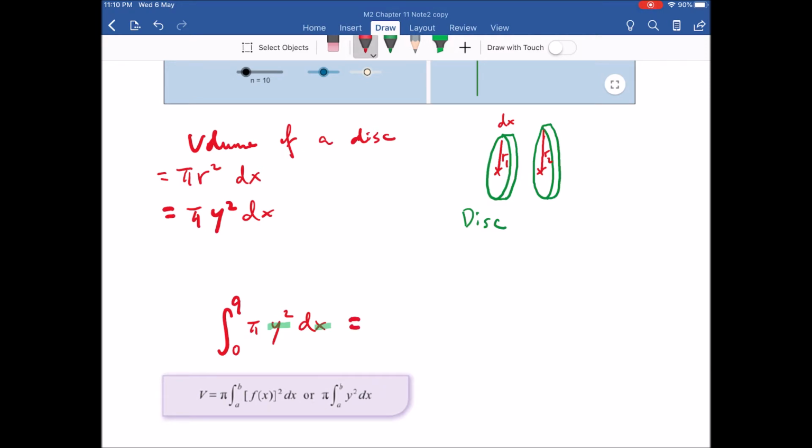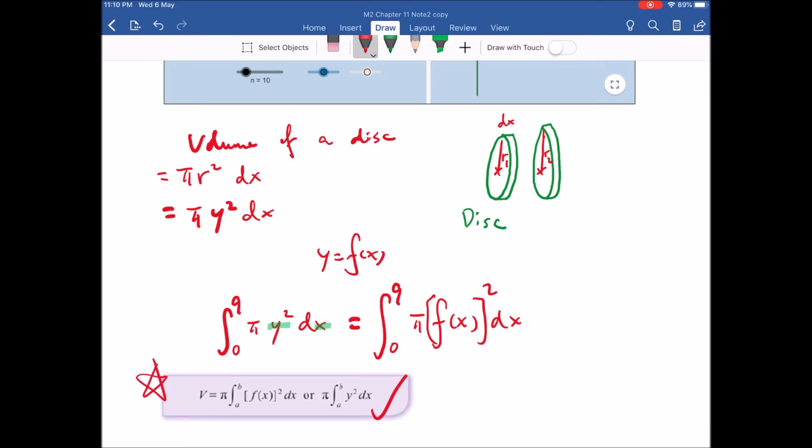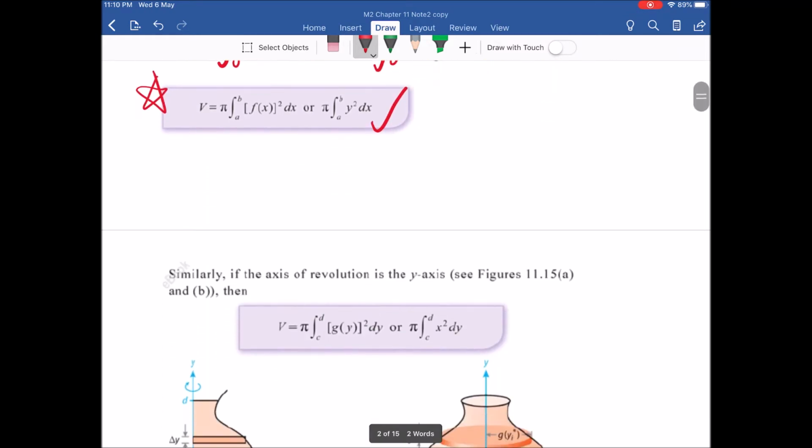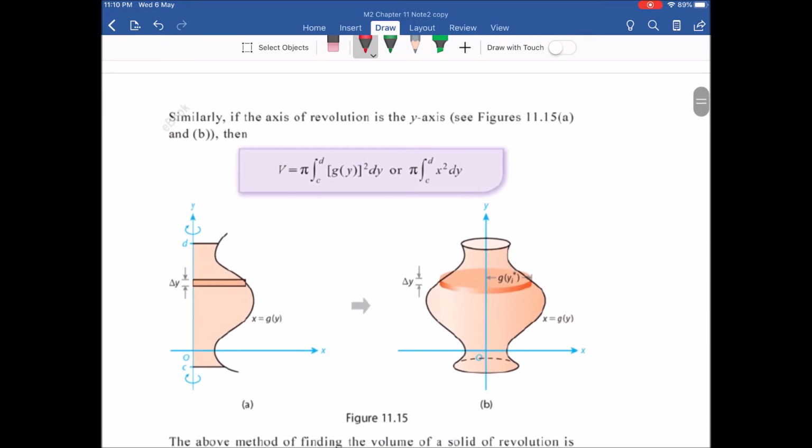So we change to the same variable: the integral from 0 to 9 of pi times f(x), because y equals f(x), squared, dx. So we got this formula. Remember this formula.